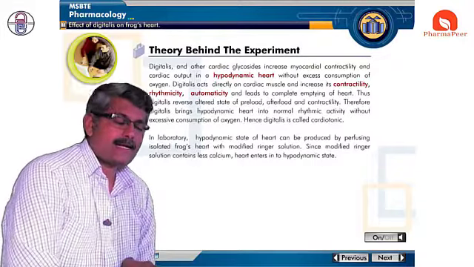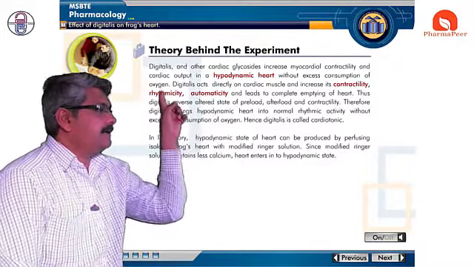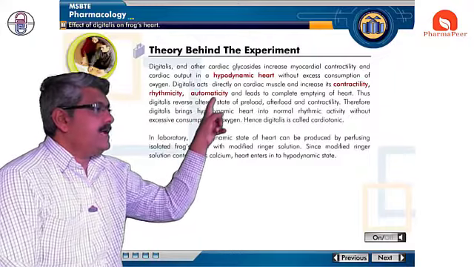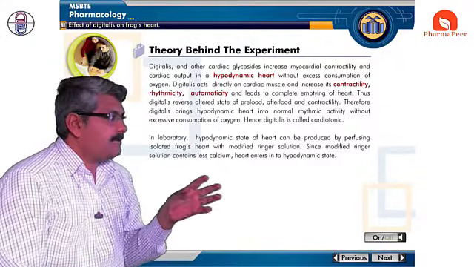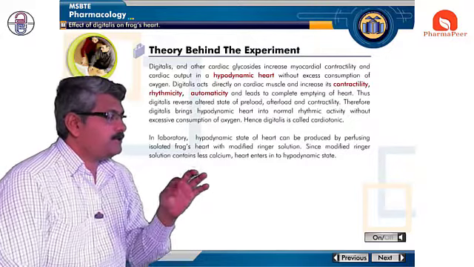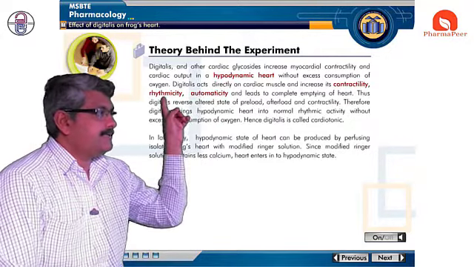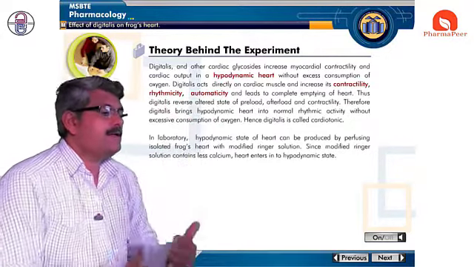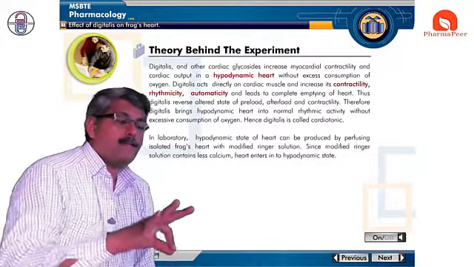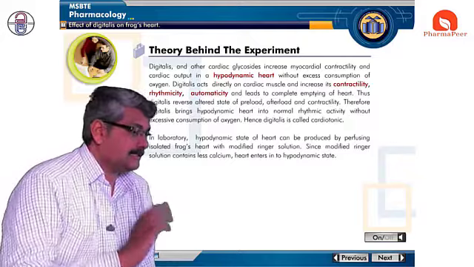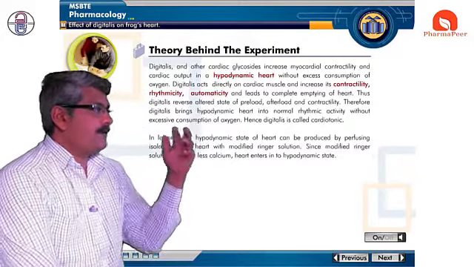One is contractility, second is rhythmicity, and third is automaticity. Contracting ability; conversion from the hypodynamic to the normal state, that we call rhythmicity; and it tries to maintain automaticity. So these are the three parameters that get maintained by digitalis.